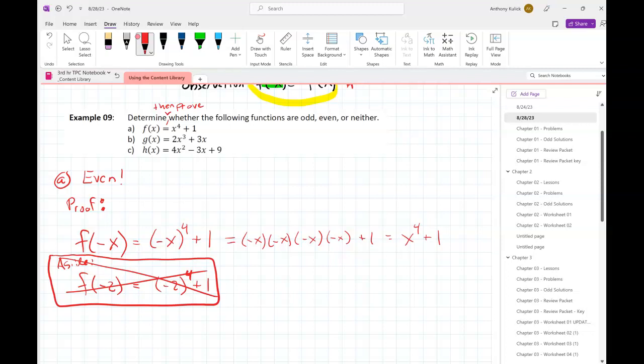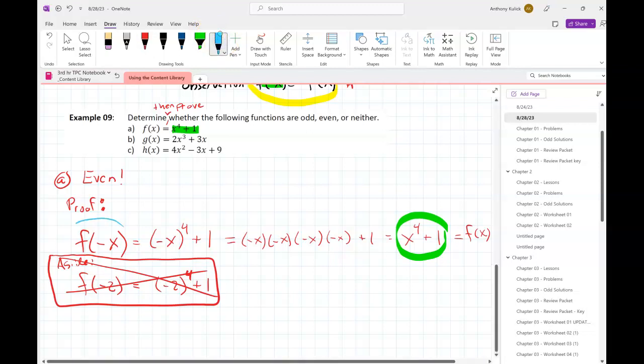All right. And what is x to the fourth plus 1? That's f of x, right? Everybody agree? Yes, sir. So look at what we've done. We've shown that f of negative x is equal to f of x, right?